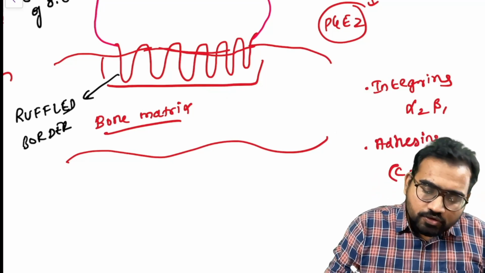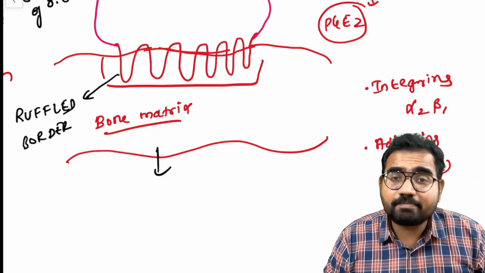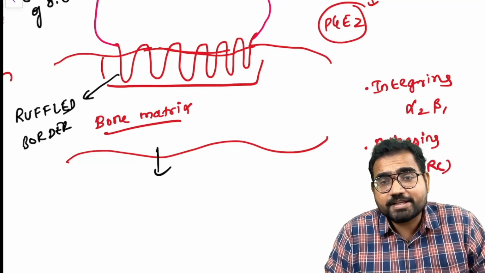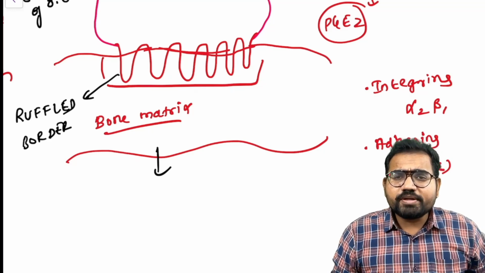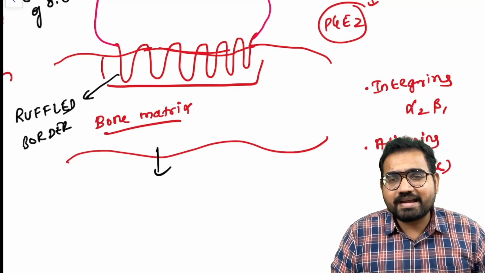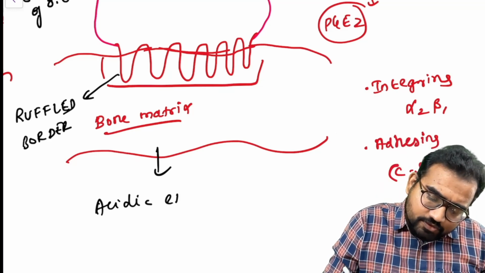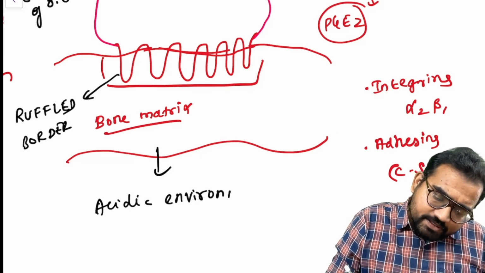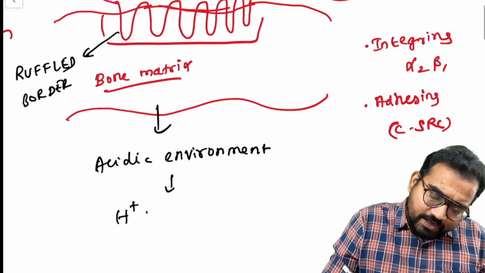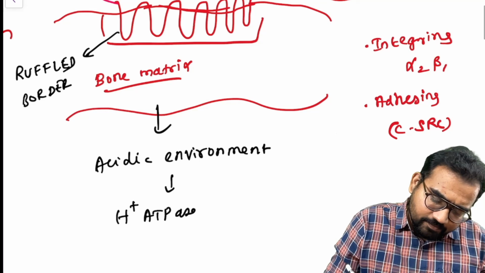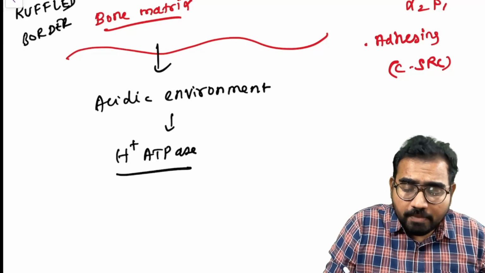Now after extending the projections of the plasma membrane into the bone matrix, it is going to create an acidic environment with the help of the H plus ATPase enzyme, the H plus ATPase pump.